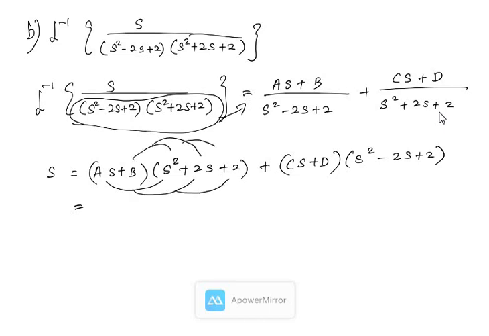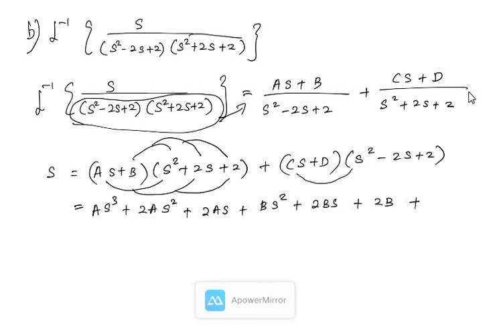Okay, so I multiply in, I get as power 3 plus 2as squared plus 2as. Then I start with the b, so bs squared plus 2bs plus 2b. Okay, next is cs.